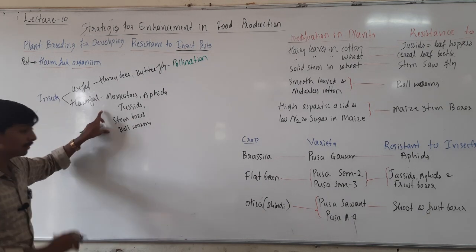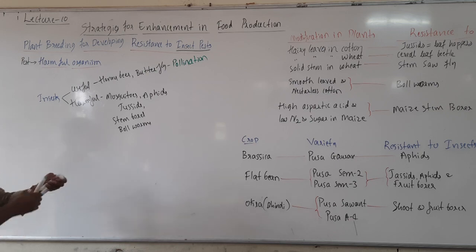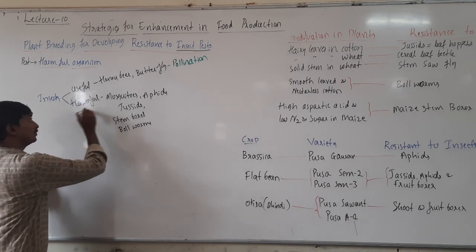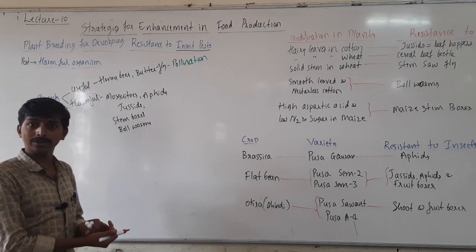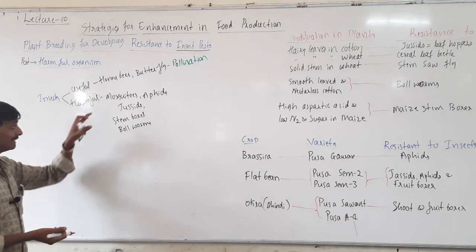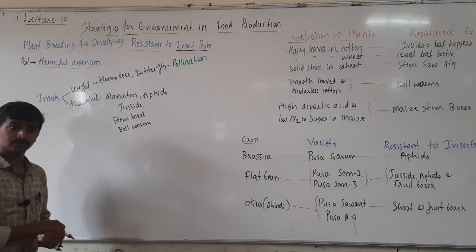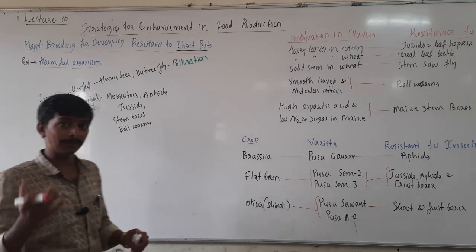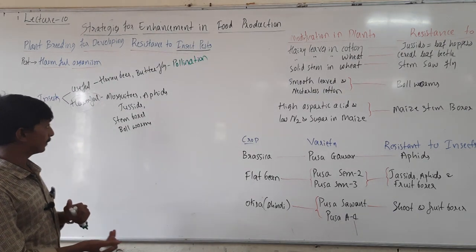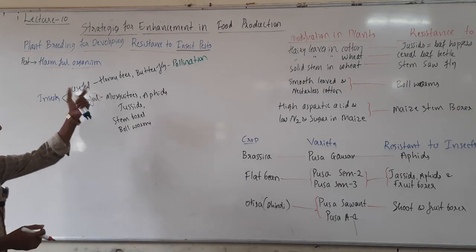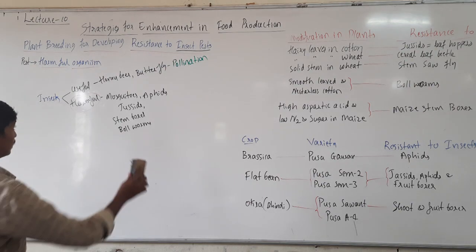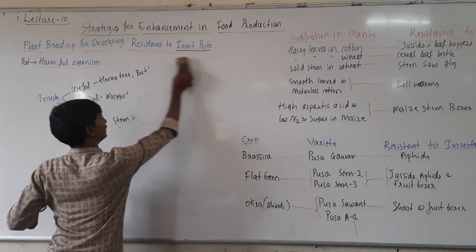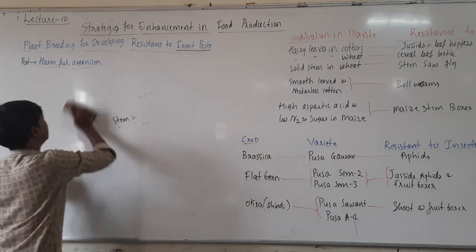Not only this, still more insects are there that are harmful for our crop plants. Whatever crop you are growing will be affected by these many insect pests. So, our aim of plant breeding is to develop plants resistant to the insect pests, right.